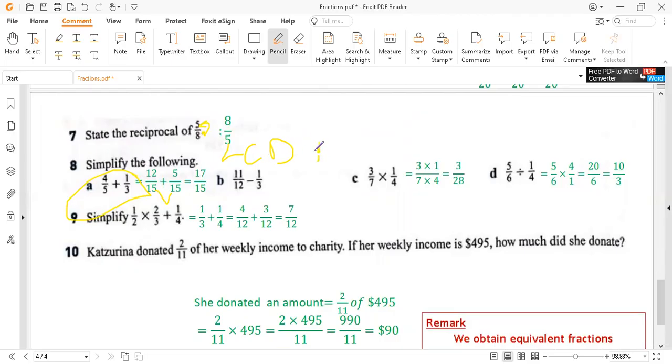Because 5 is 5 power 1 and 3 is 3 power 1, the common denominator is 5 times 3 to obtain 15. Then we add the numerators of the equivalent fractions with common denominator 15, over the denominator 15.